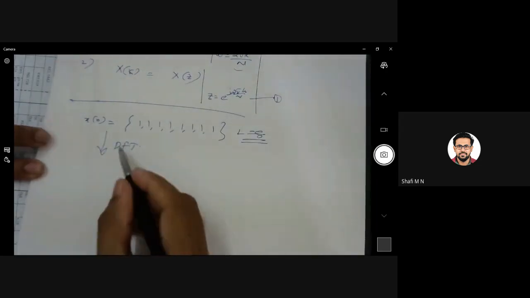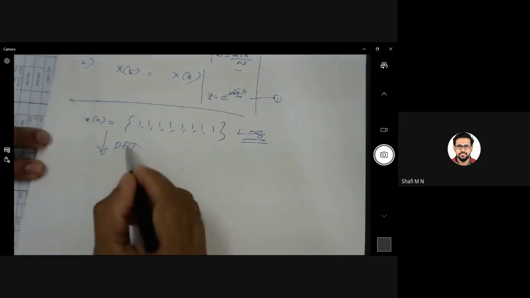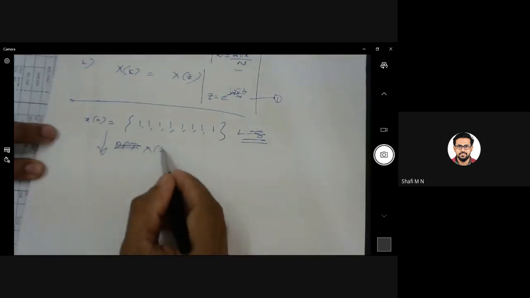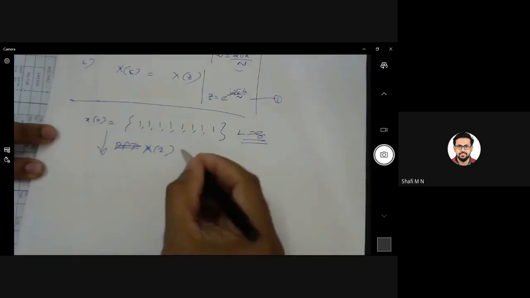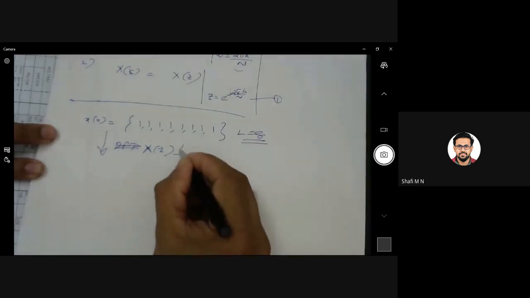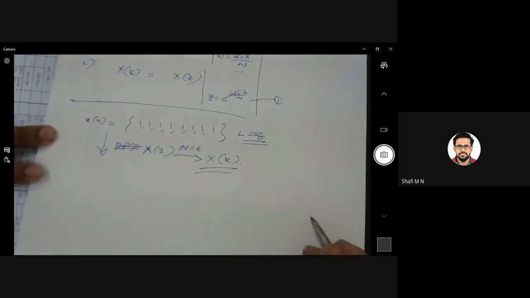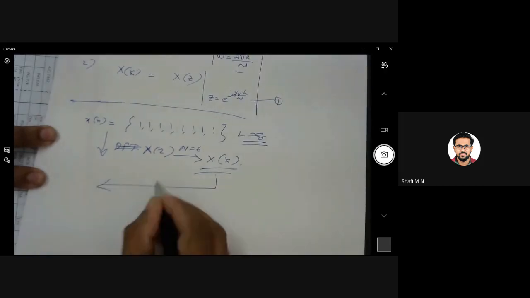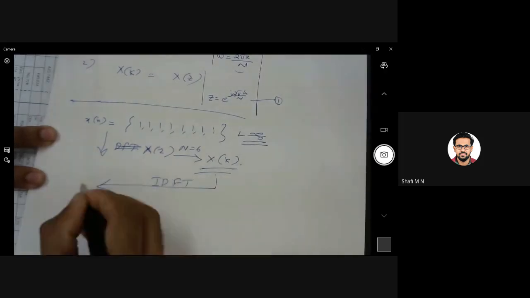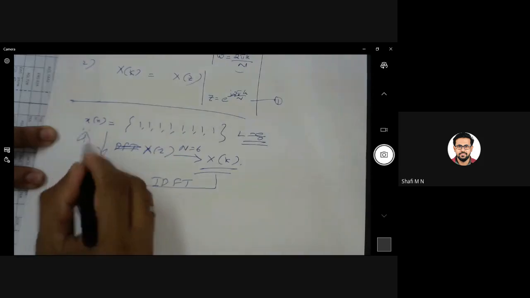They are not asking you to directly take the DFT using Z transform. That means first you have to find the Z transform X of z, then sample it at N equal to 6 points, so that you will get X of k. Hope you are clear with this. Now you have to take the inverse DFT, so that you should get this x of n back.